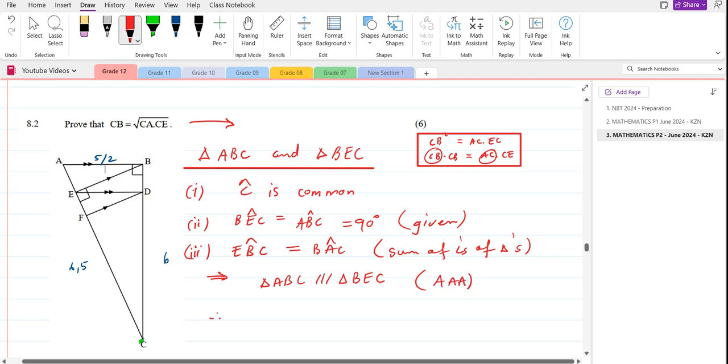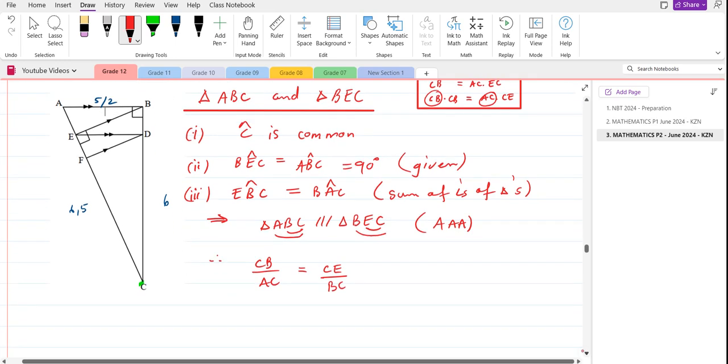Therefore, we got CB over AC. Remember, CB over AC is now equal to CE over BC. Now if we cross multiply, we have BC times BC.